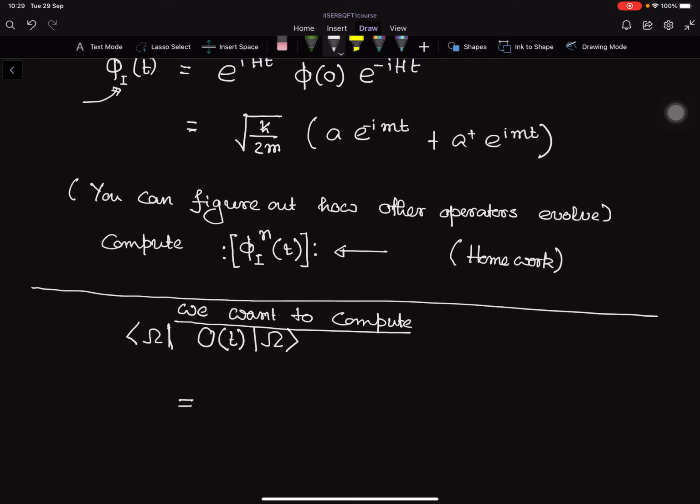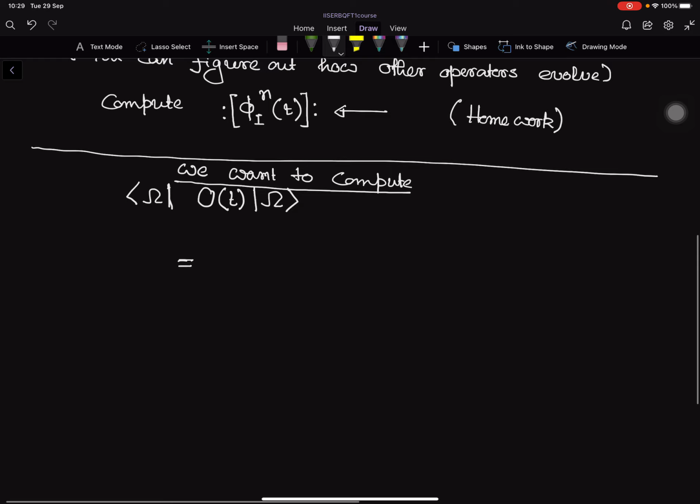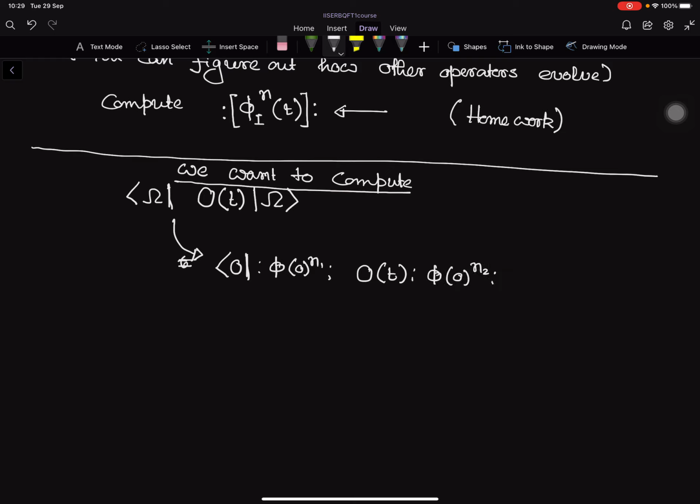Now if we follow the same procedure, this is just using how to represent an arbitrary state in terms of this. So the discussion from the last lecture will simply follow, and this will become phi(0) to the power n1, O(t), phi(0) to the power n2.